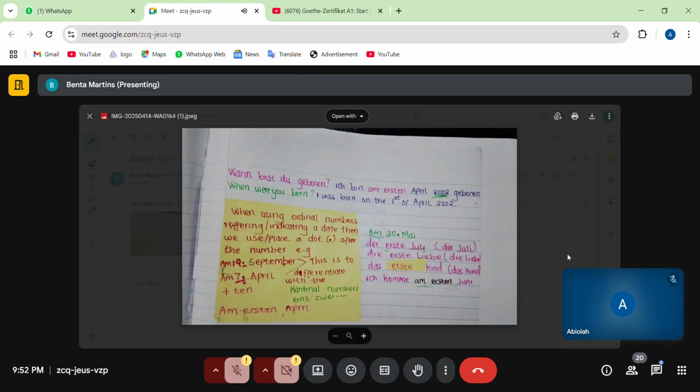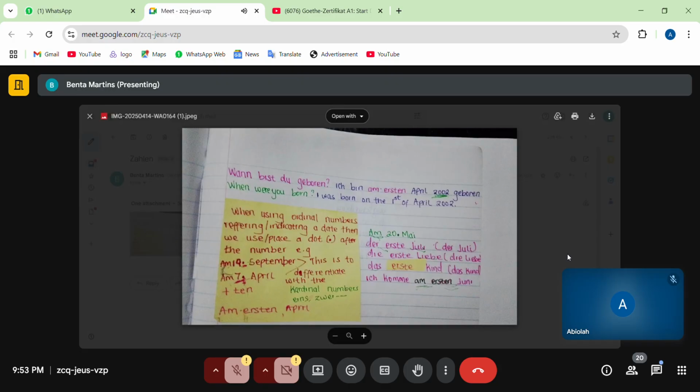If it's ersten, then it's ersten April. When you're writing that, it's 1 and then the dot comes after. Number 1, first, ersten April. The dot comes after the number. And then 20.